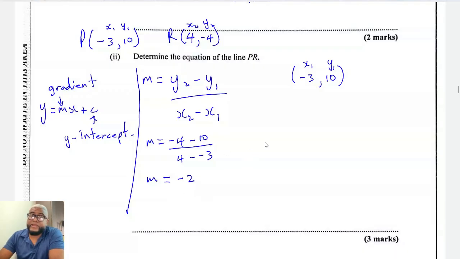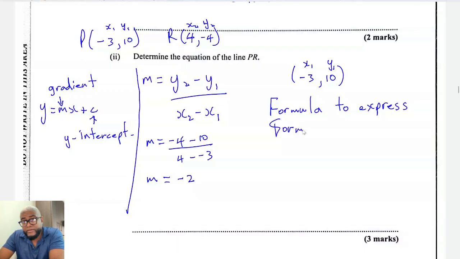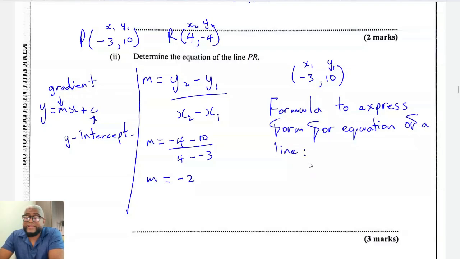All right, this is my gradient. What's the formula to express the form for the equation of a line? I just want to make sure it's clear.